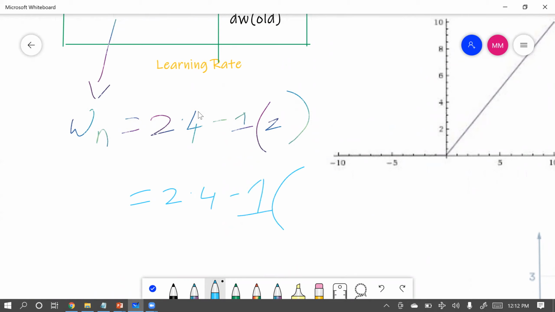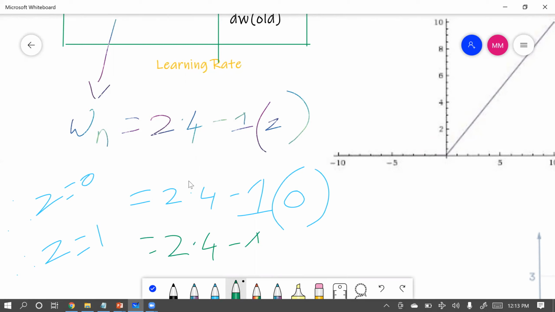So we'll consider this calculation: 2.4 minus 1 multiplied by, now we'll take the z value as 0. We'll make two equations. Here z value is 0, that is, z is equal to 0. If we take z is equal to 1, what will it be? 2.4 minus 1 of 1.